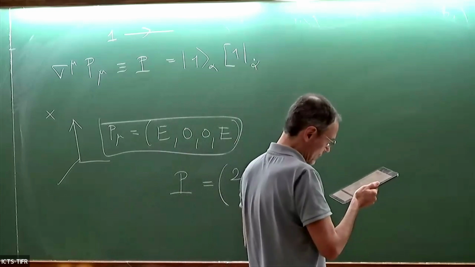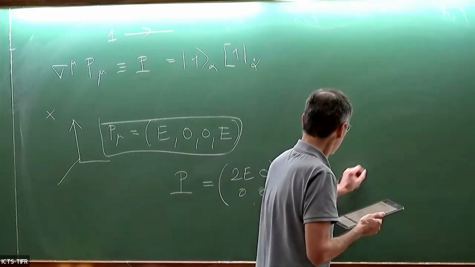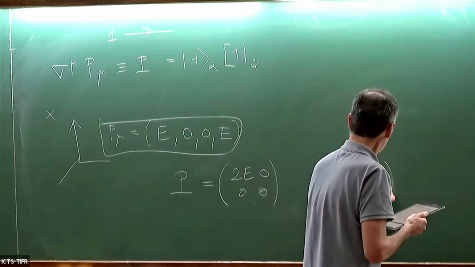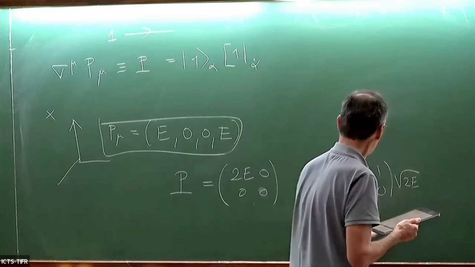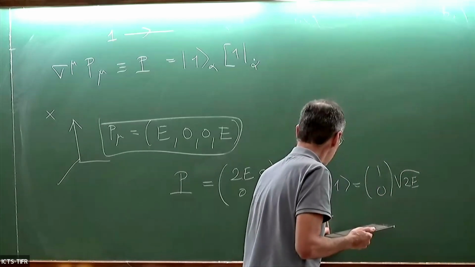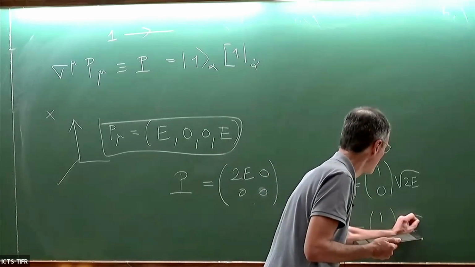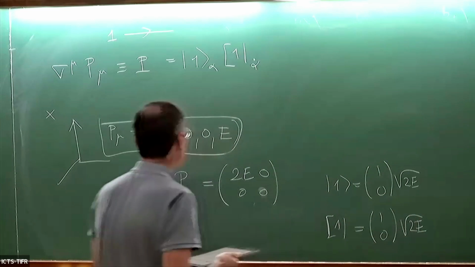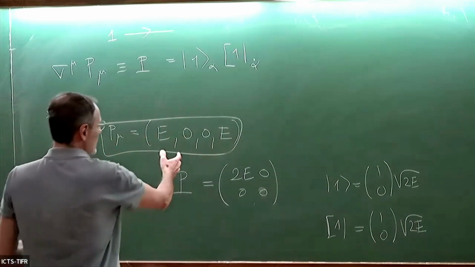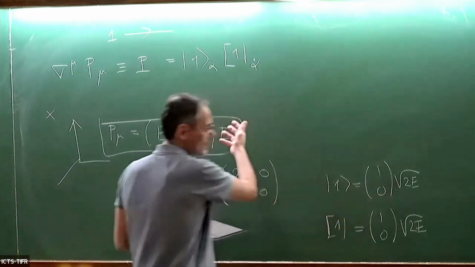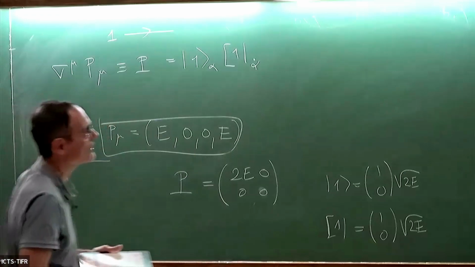And if you want to go to the spinors, the spinor will be (1, 0) times square root of 2E, and the other will also be (1, 0) times square root of 2E. So again, it's a different way to give the momenta. Give me the spinors, you give the momenta.